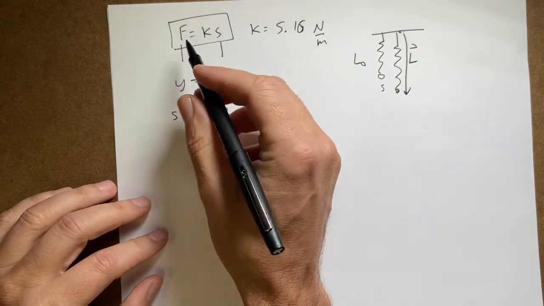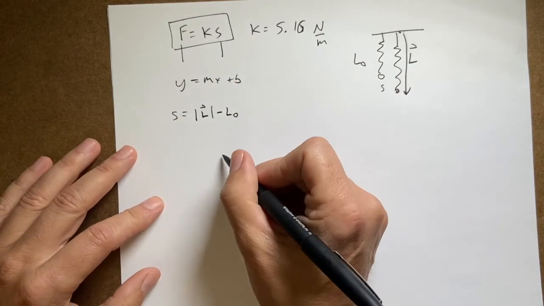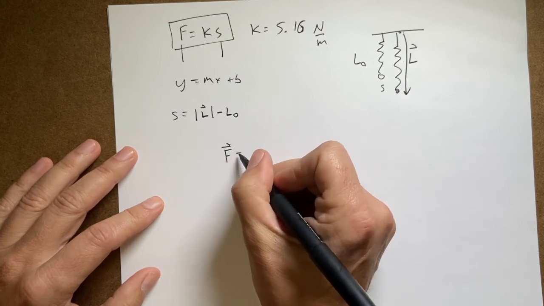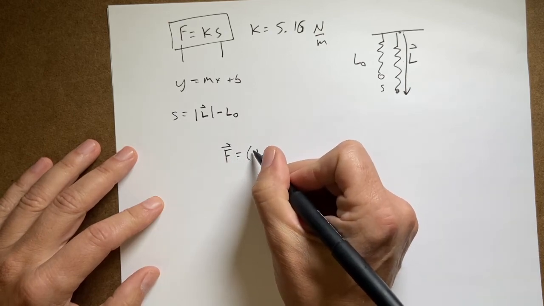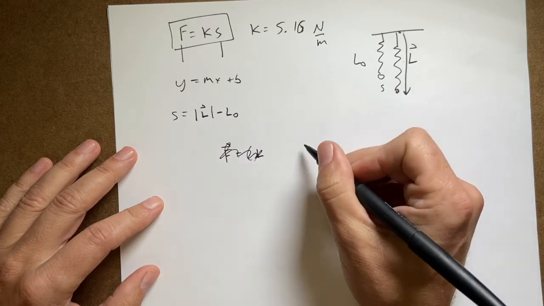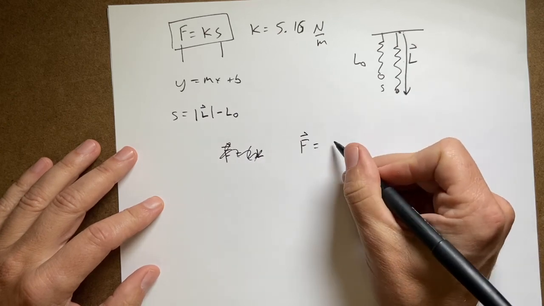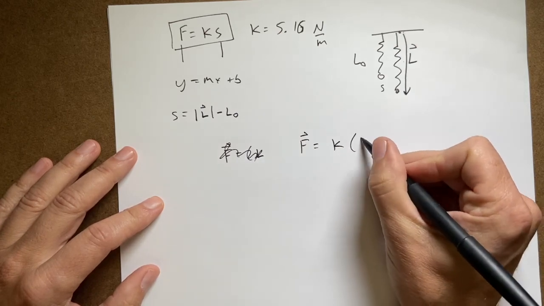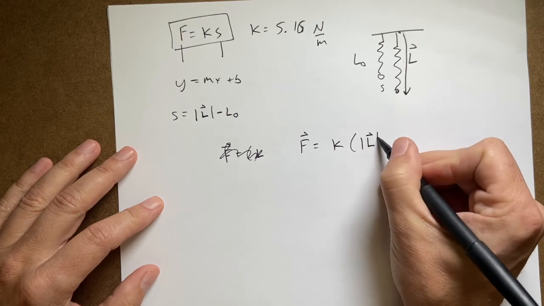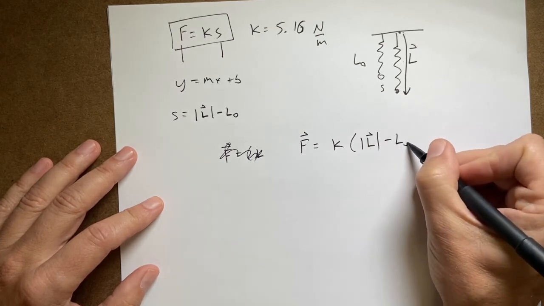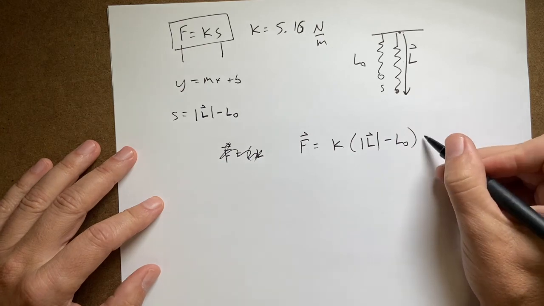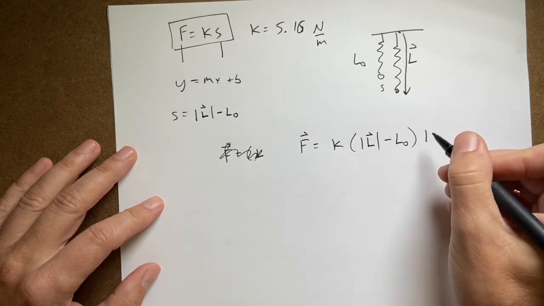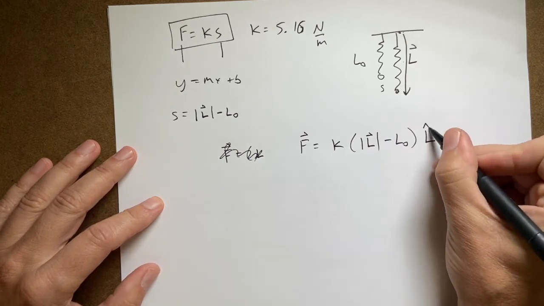So let me build a vector model for the spring force. If I write it like this, F equals, I'm sorry, F equals K times the magnitude of L minus L0, that's my stretch, times, I have to make it into a vector again, so I'm going to say times L hat.